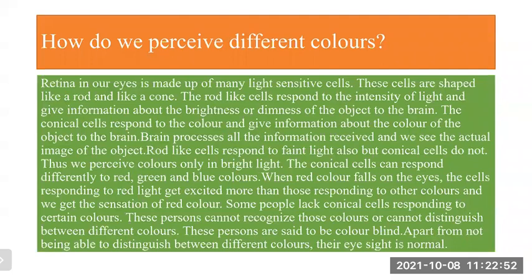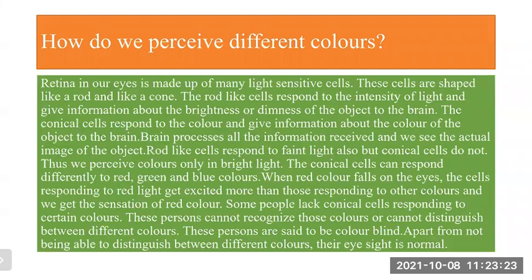It responds to the intensity of light and it gives information about the brightness or the dimness of the object to the brain. Then the conical cells, the other type of cells, respond to the color and give information about the color of the object to the brain. Understood?